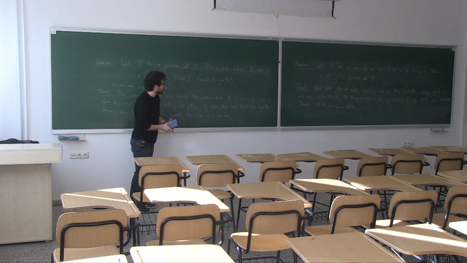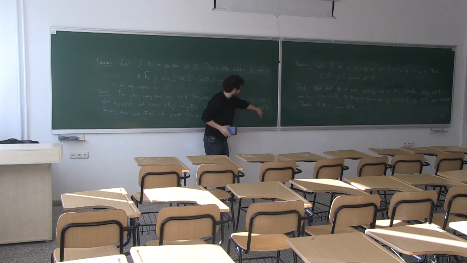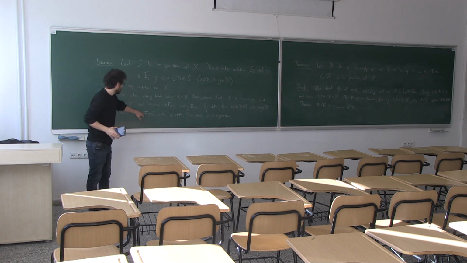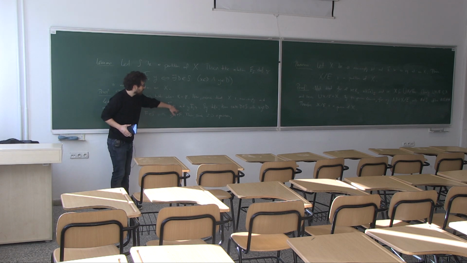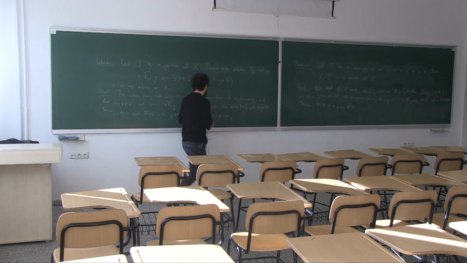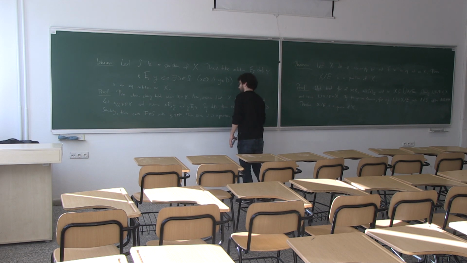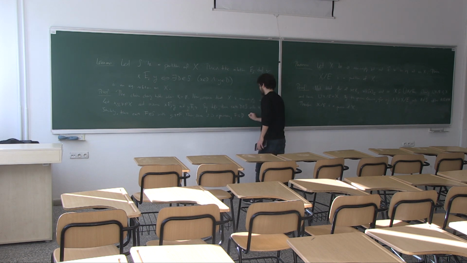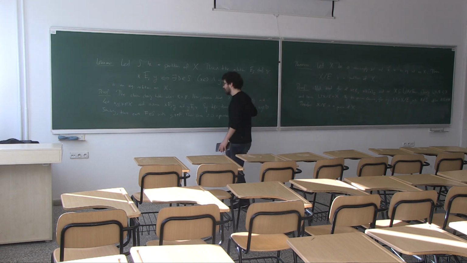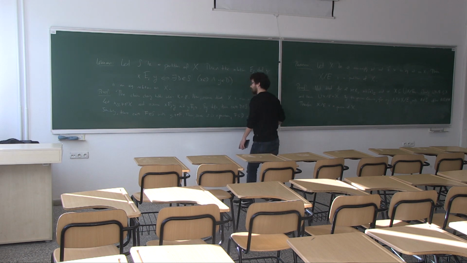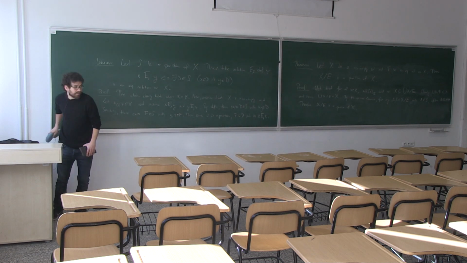I have an element of this partition which contains Y, and an element of this partition which contains Y. So these are not disjoint. Therefore, they are the same. And so, if they're the same, then there exists an element of this partition which contains X and Z.